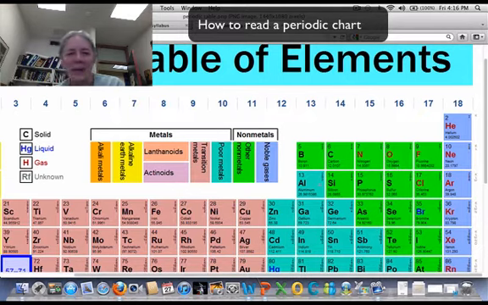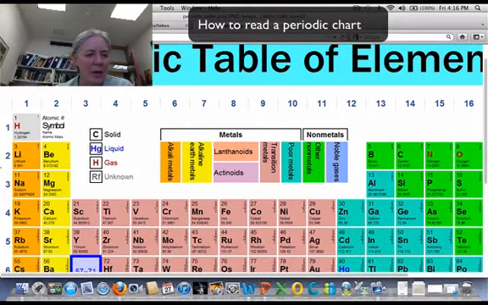But there are some where that's not the case. A good example is sodium. Sodium has 11 protons, but it has an atomic mass of 23. So that means there must be 12 neutrons to add to the 11 protons to get to the 23 atomic mass.